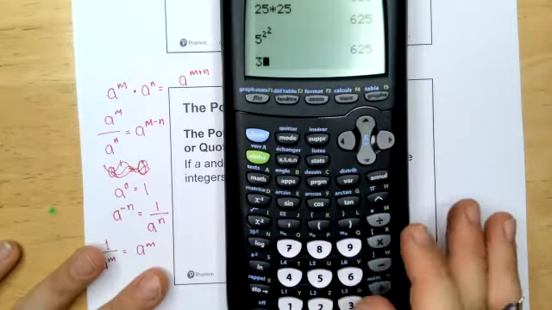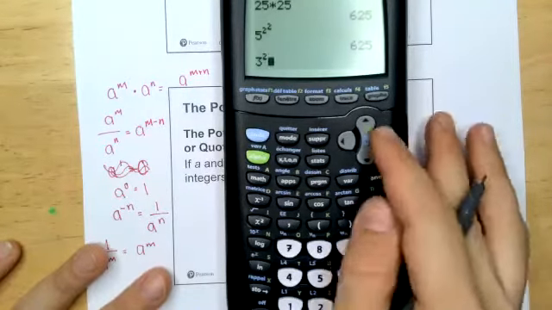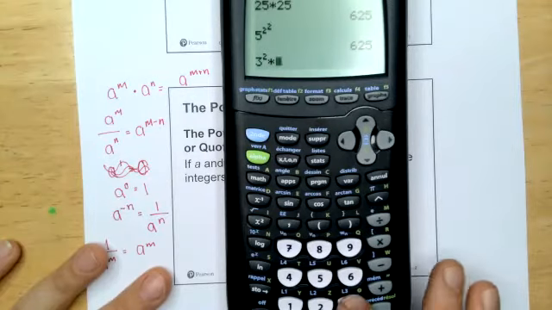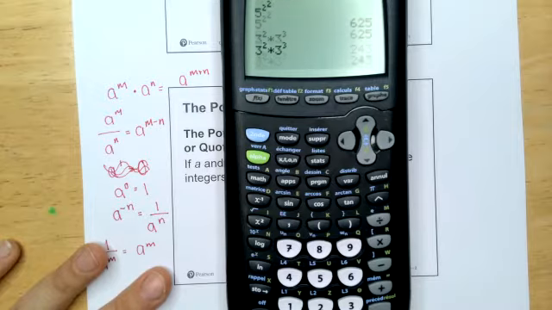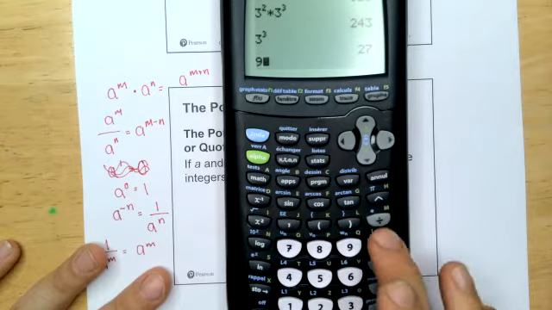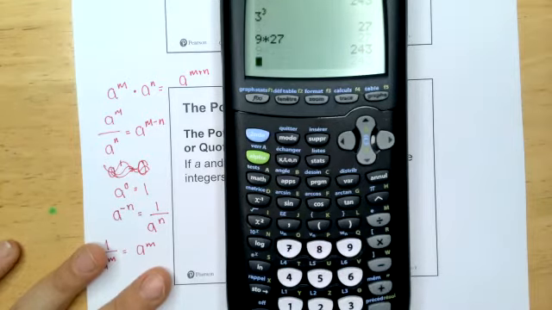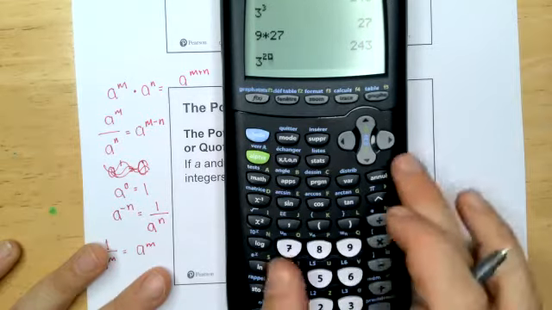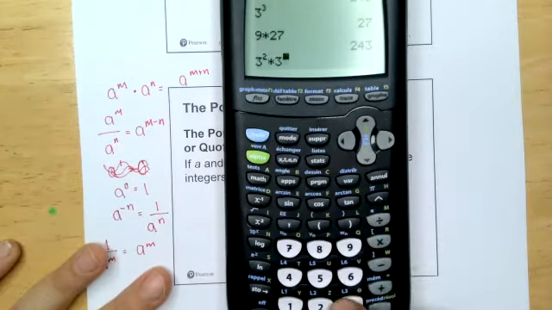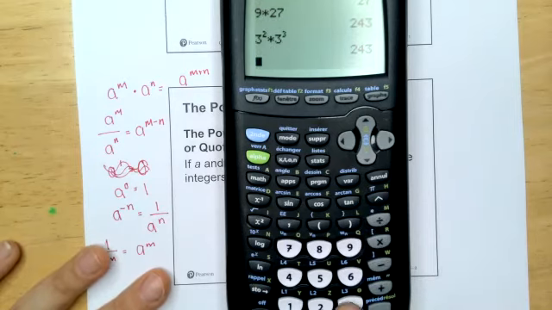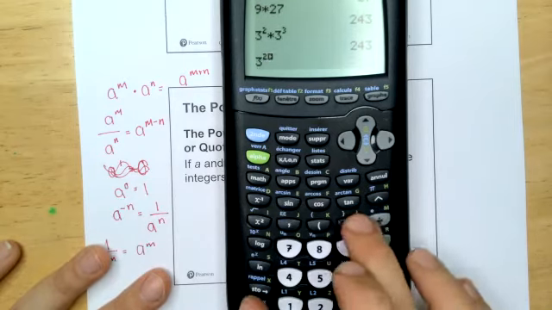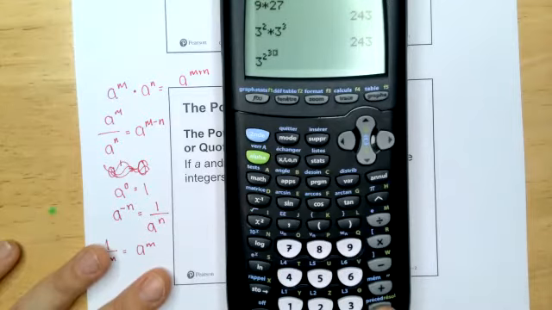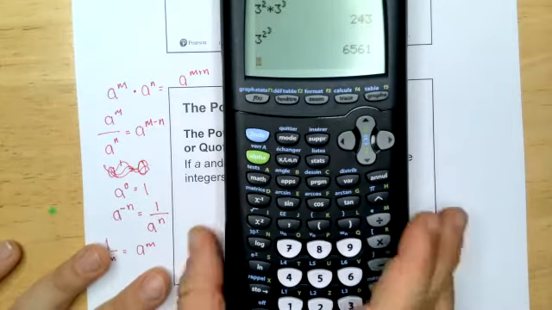I just want a small number. So 3 to the power of 2 is 9. 3 to the power of 3 is 27, right? 9 times 27 is 243. So 3 to the power of 2 times 3 to the power of 3 is 243. But 3 to the power of 2 raised to the power of 3 is not that same value.